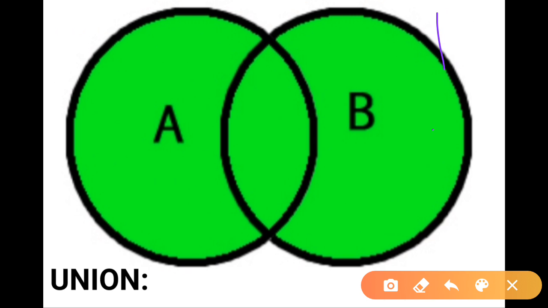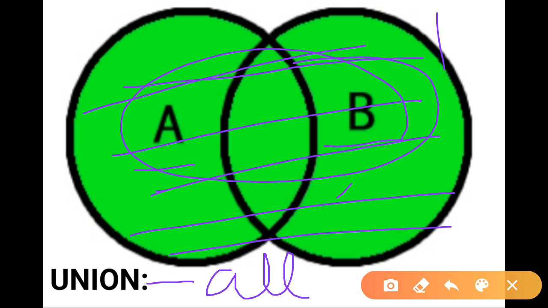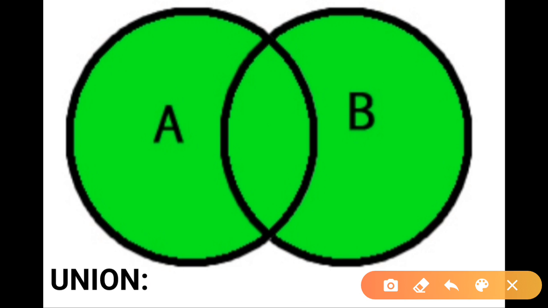Here union means I'm shading all of A and B, both A and B totally. Union means you should take all elements, but the intersection part should be considered only once. This is A union B.